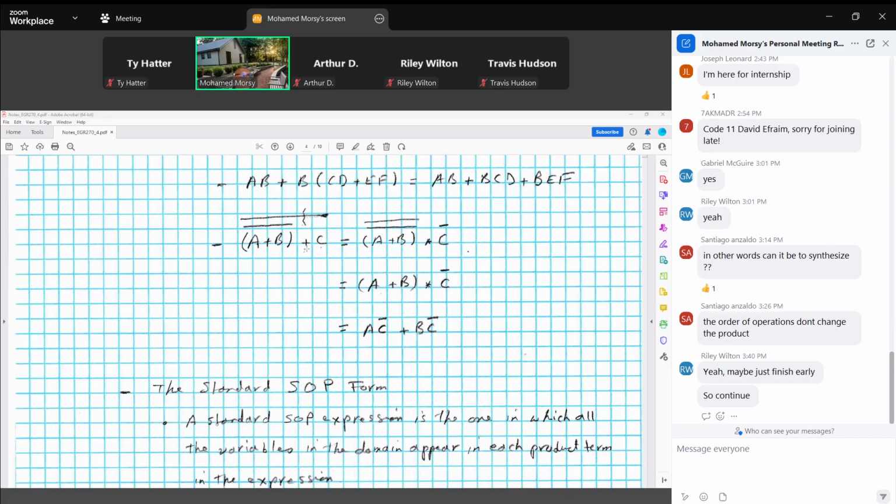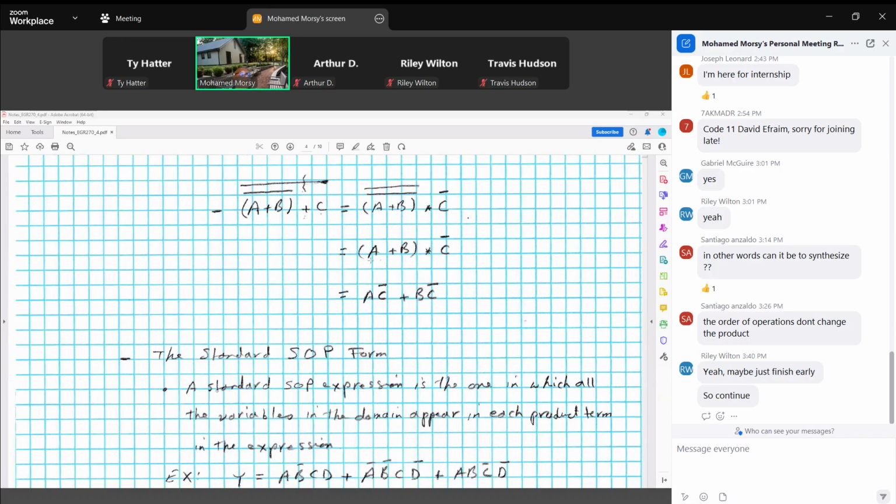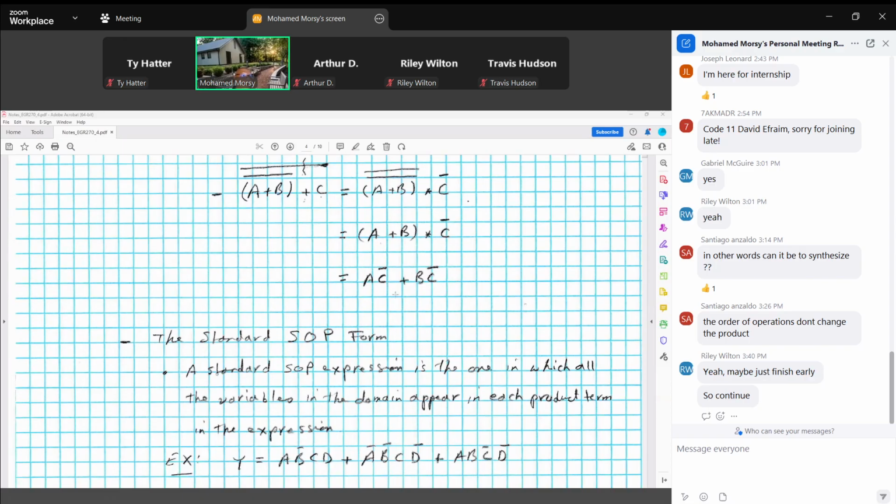Then the operation here, we have plus, so we switch it to multiplication. Then A plus B double inverted, as we mentioned before, A double inverted is A. So A plus B double inverted is A plus B, multiplied by C inverted. Then you can multiply C inverted inside, so you have AC inverted plus BC inverted. Now this is sum of products form.